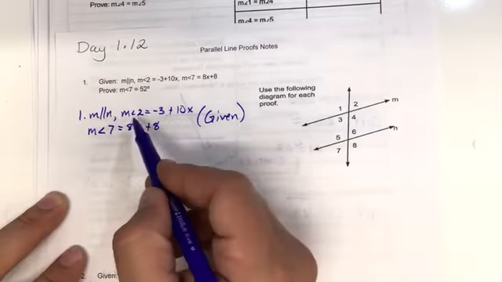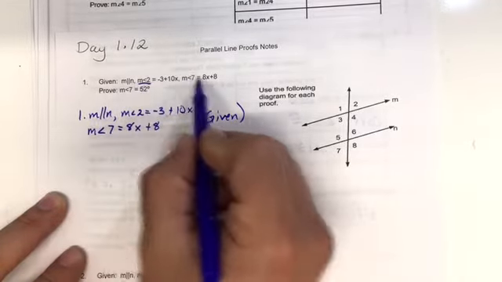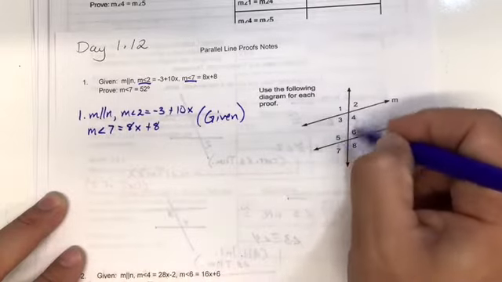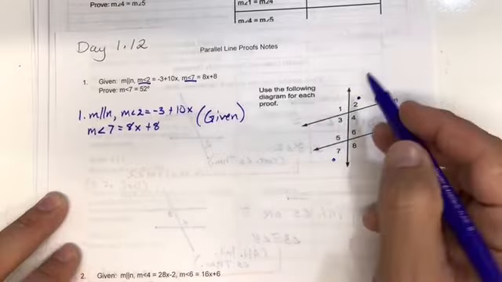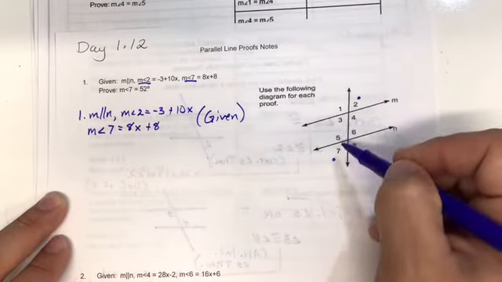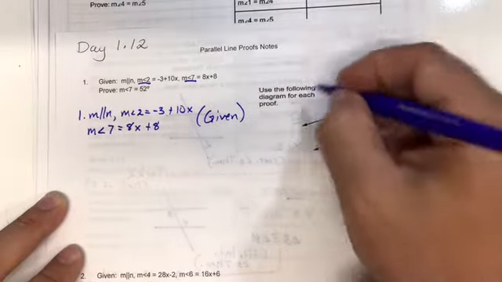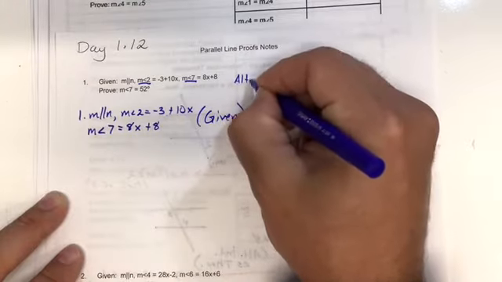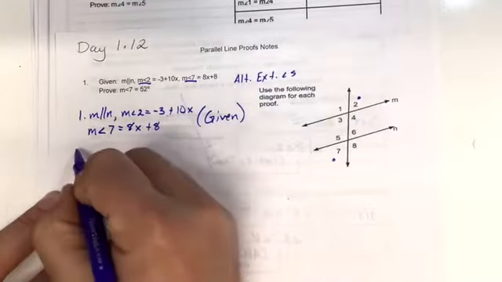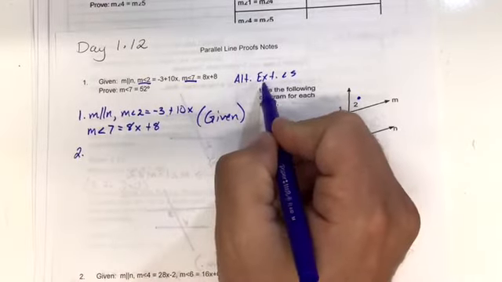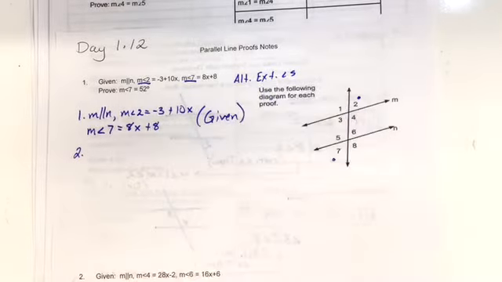Now we're using angles 2 and 7. So I'm going to look at my picture and identify angles 2 and 7, and I'm going to identify that angle relationship first. Well, angles 2 and 7 are alternate exterior angles. So I don't have to write that in the proof, but I am going to write the relationship based on that theorem.